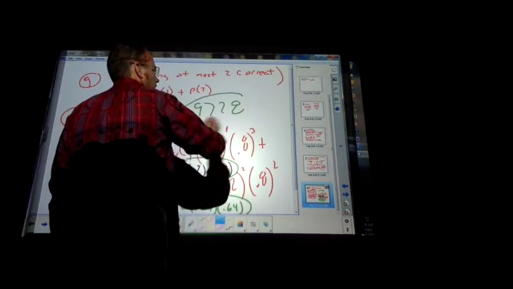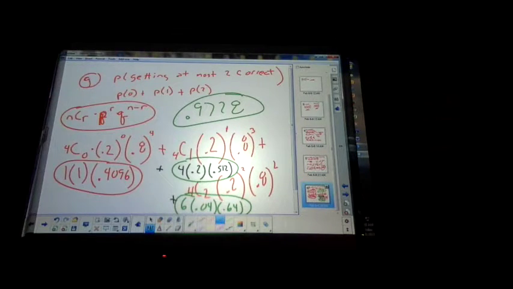0.9728. Getting at most 2 correct: over 97% probability that you get at most 2 correct. Still sound like it's pretty good? I like it. So this formula is utilized over and over again.